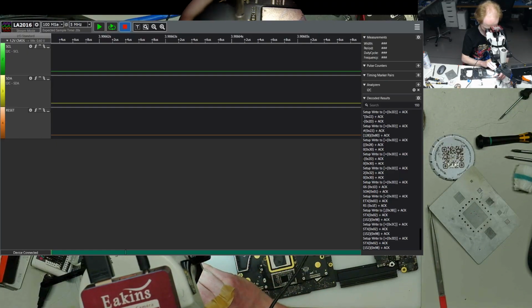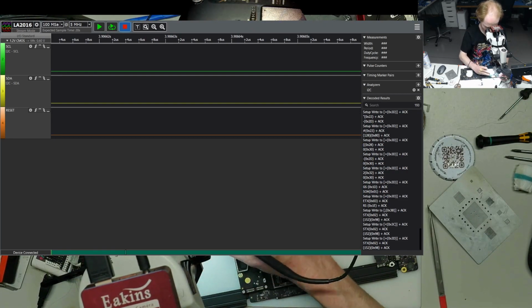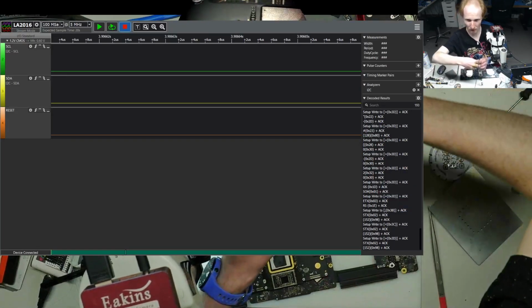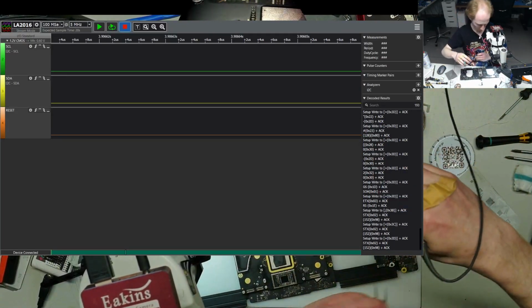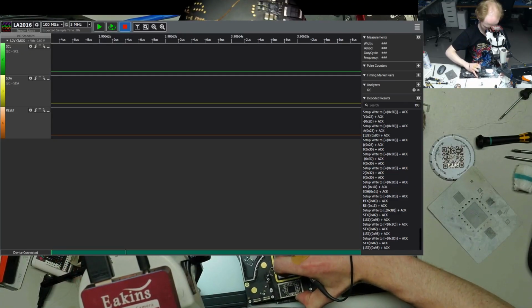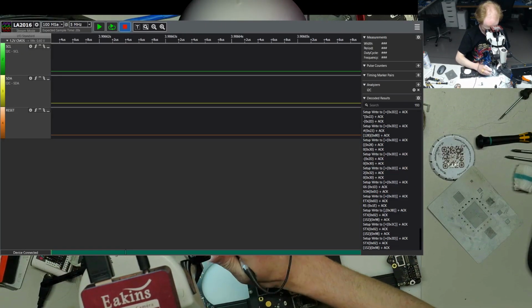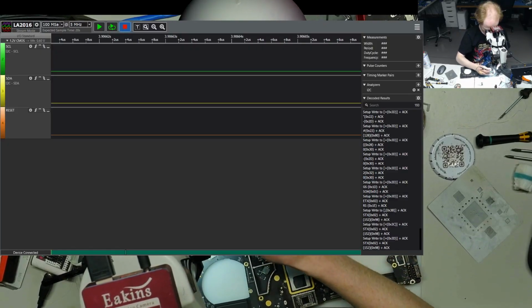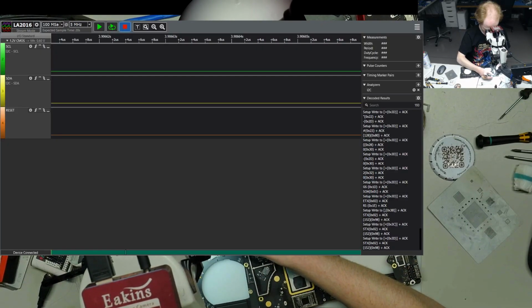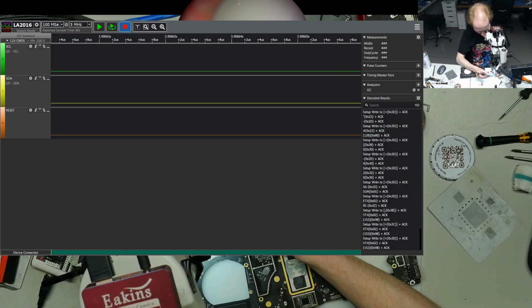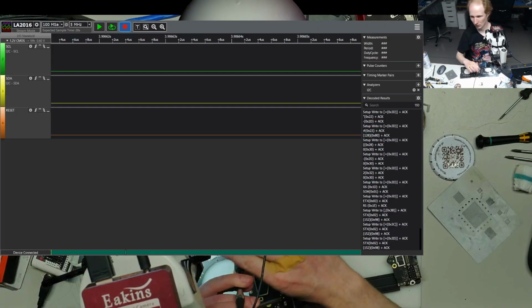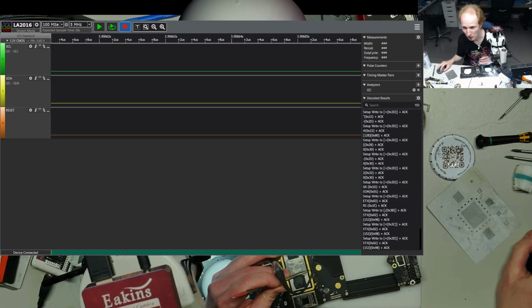This side is ground, so I need different bigger one. Okay. Yeah. This is all about LA.